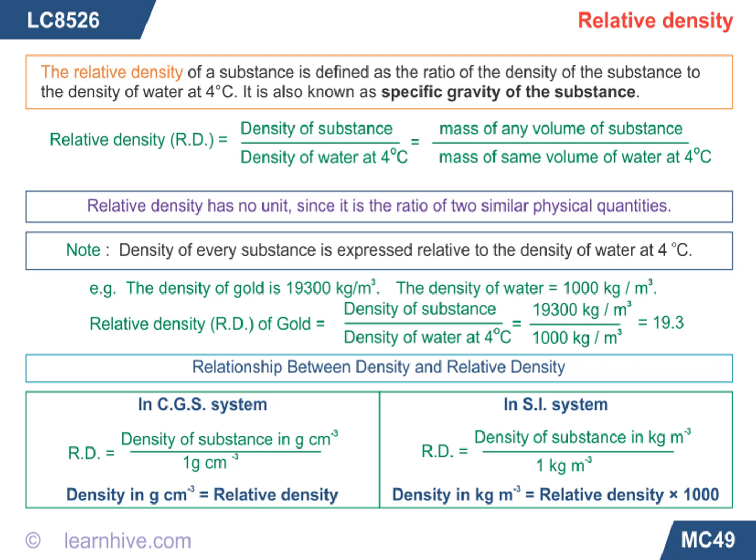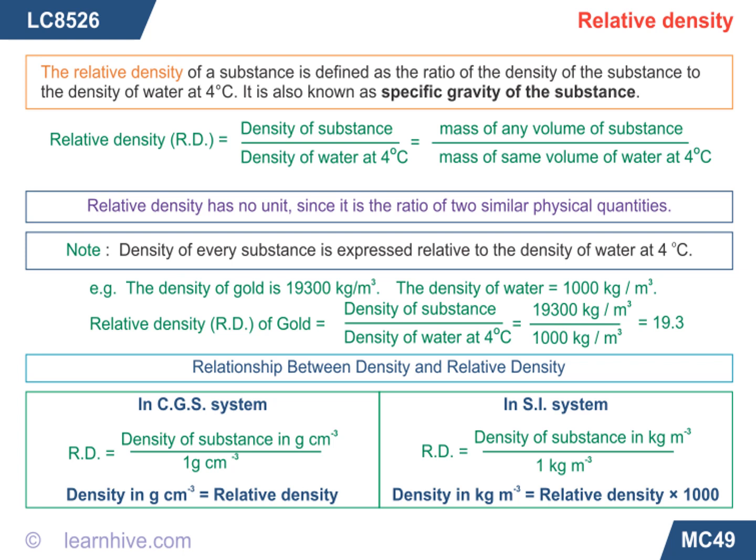Relative density, or D. What is the formula of relative density? Relative density is equal to density of the substance by density of water at 4 degrees Celsius.